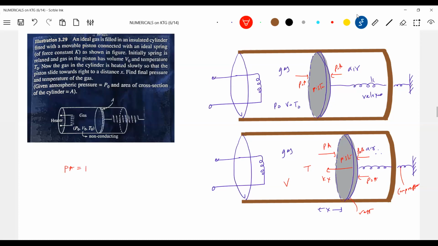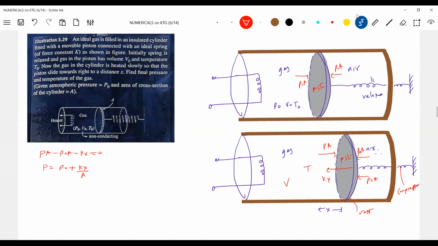PA equal to P naught A plus kx. Find the final pressure and temperature of gas. The expression for pressure is this much. The final pressure is this much. It is also asking to get the temperature.